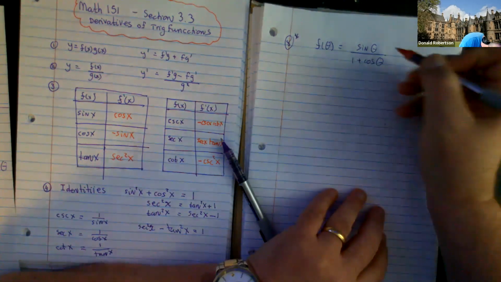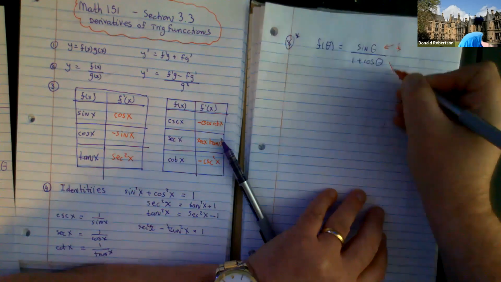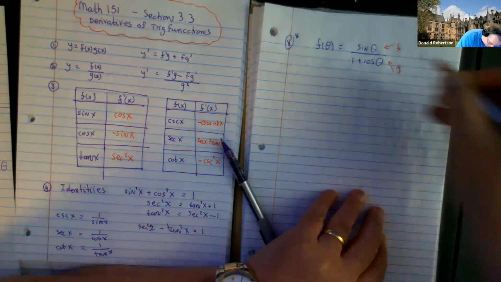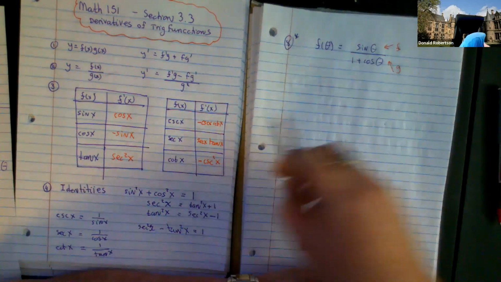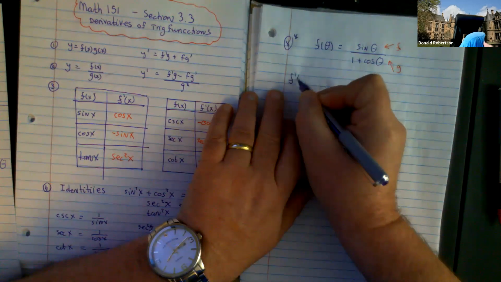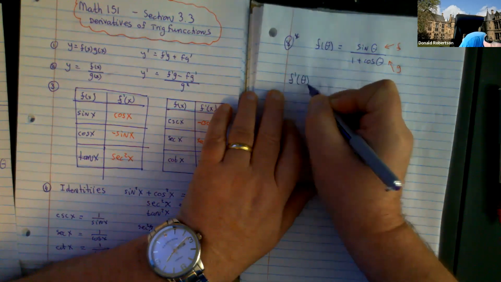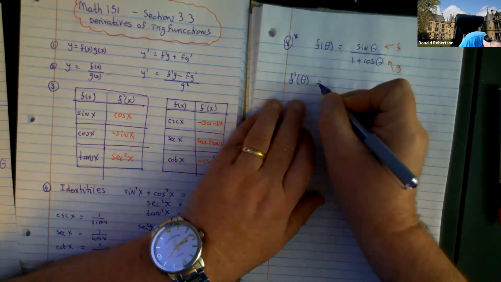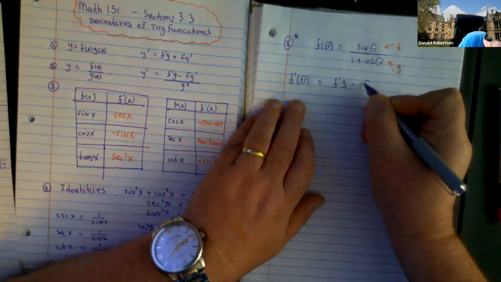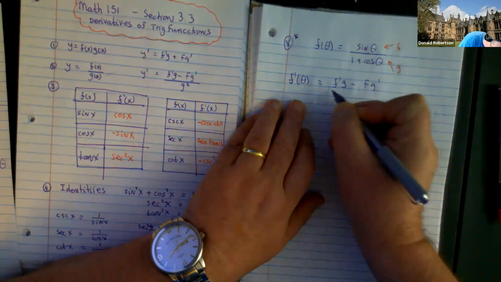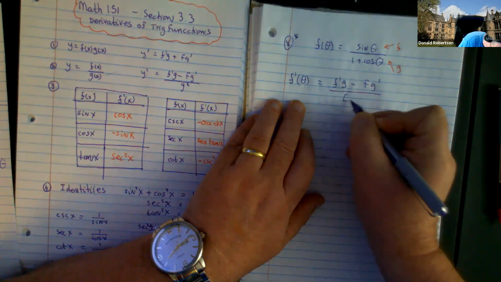I think it's pretty obvious when it's a quotient rule and when it's a product rule. Fractions are quotient rules. So to differentiate this function, it's going to be f dashed g, take away f of g dashed, all over g squared.